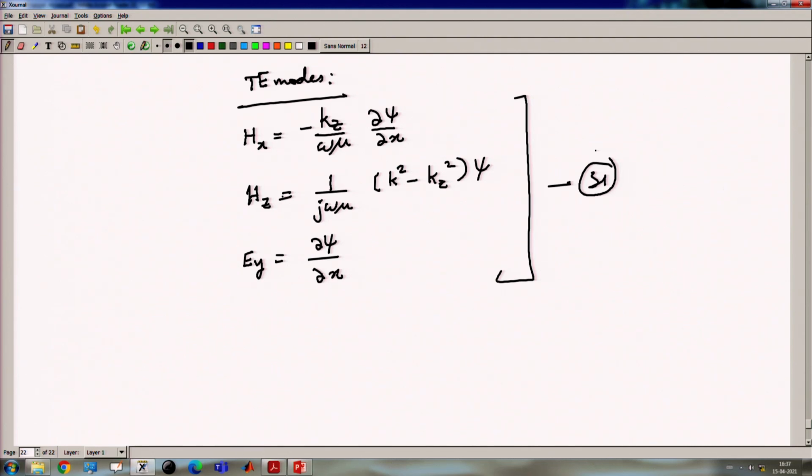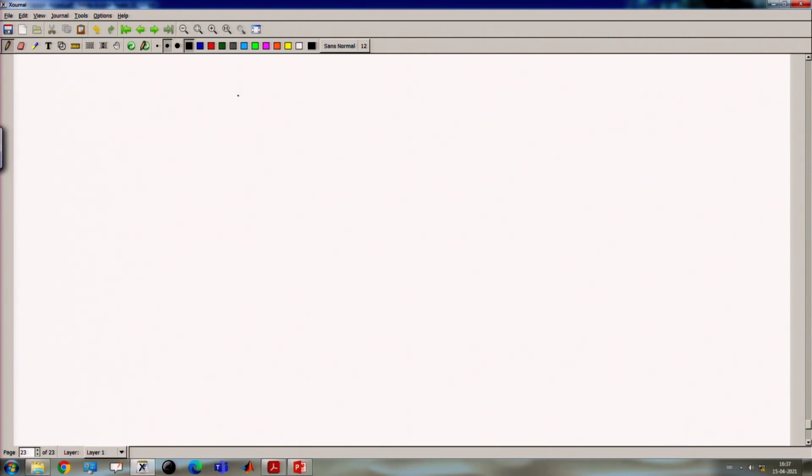So, we say that above the cutoff frequency the dielectric guide propagates a mode unattenuated, that means kz, which is the propagation constant along the z direction, is real. So, we write, above the cutoff frequency kz is real.